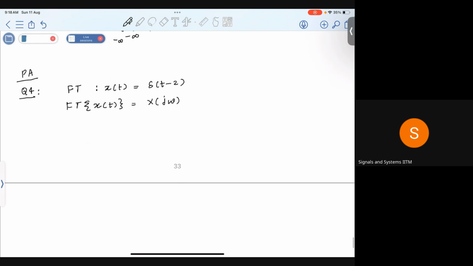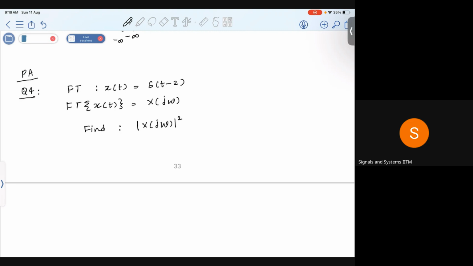Now you're supposed to find the magnitude of x of j omega whole square. So this is what you're supposed to find. So what is the difficulty that you experienced? How to apply Fourier transform?